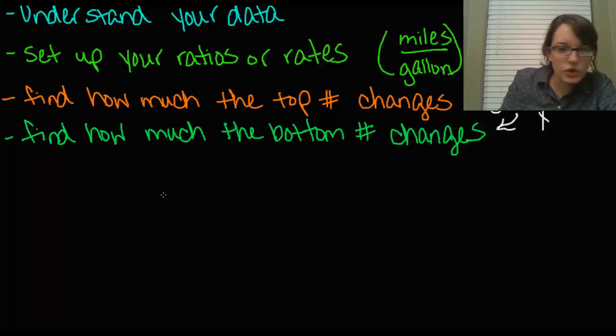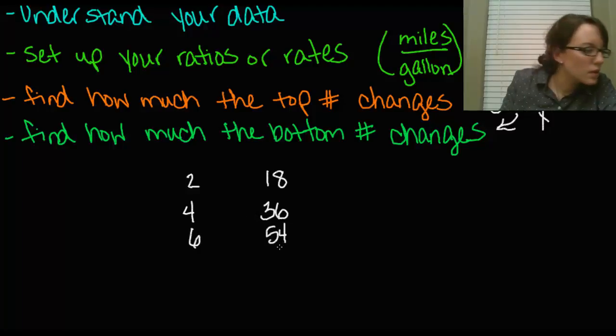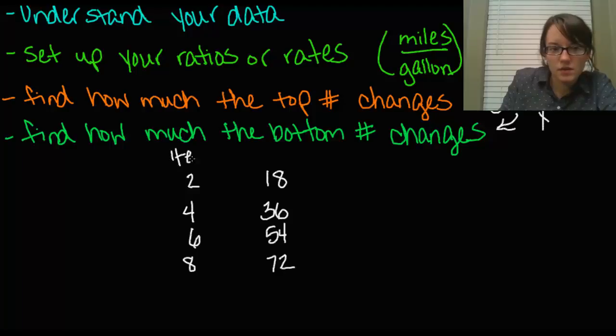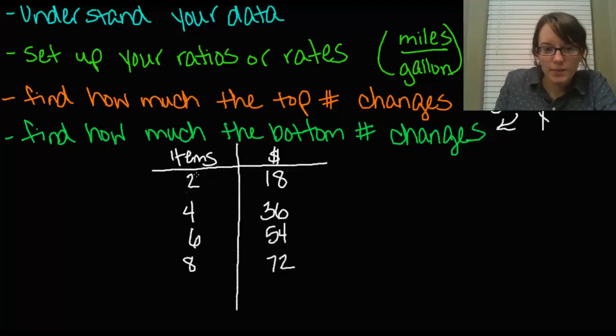If I have 2, 18, 4, 36, 6, and 54, 8, and 72. And we're talking about items and cost. Here's my table. So 2 items cost $18, 4 items cost $36, 6 items cost $54, and 8 items cost $72.